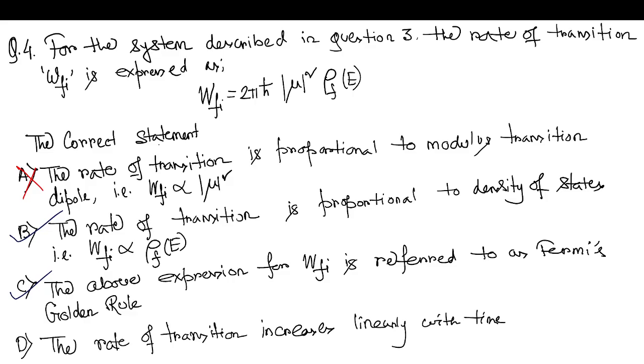So this option is also correct. So now we know about the most important formula for elucidating absorption spectra, that is the Fermi Golden Rule. And now we will look forward to question number 5.